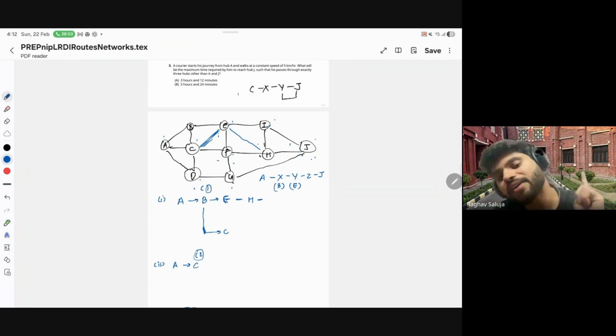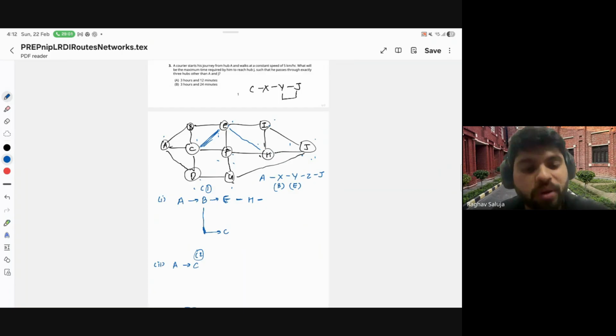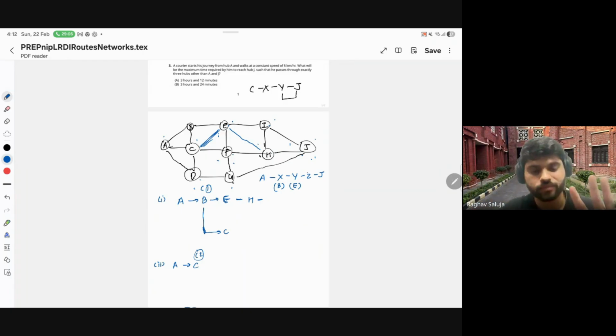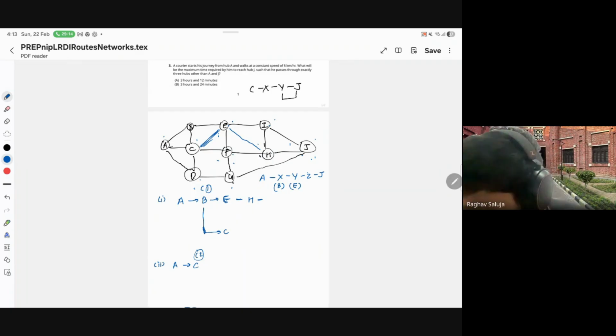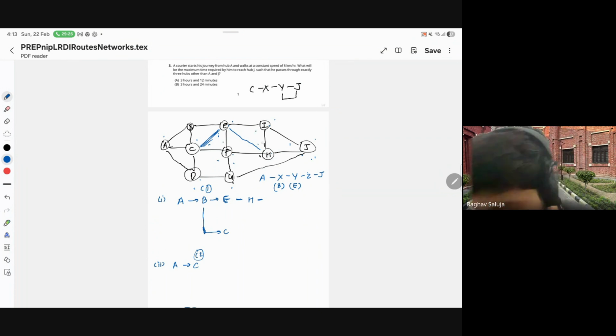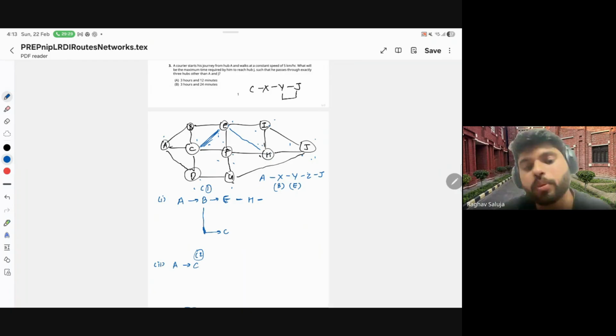So from E, I have to end up at a node that is a neighbor of J. Do you understand? Because after E I have to go to the fourth node and total nodes are 5. From E, I can either go to F, H, I, or C. If you can see, C, F, I, and H are all possible from E.